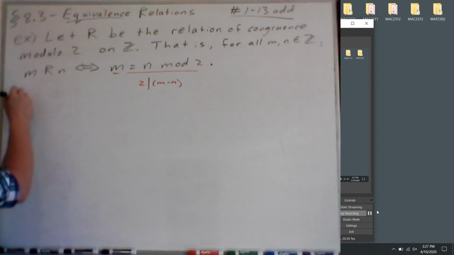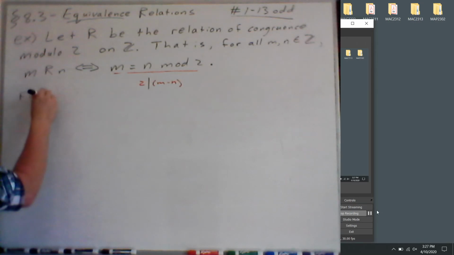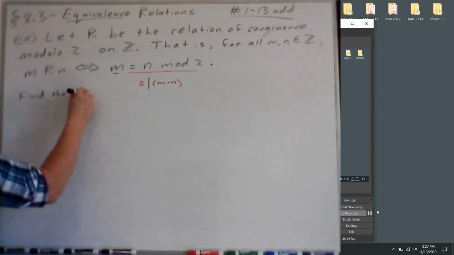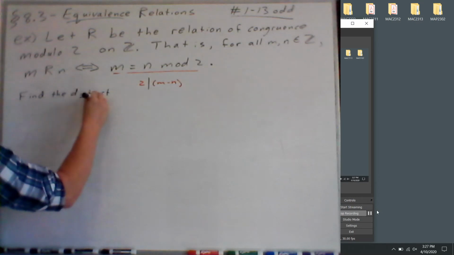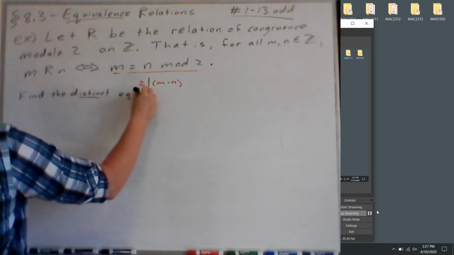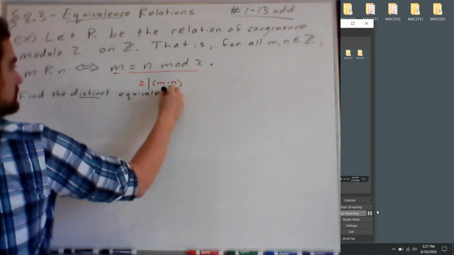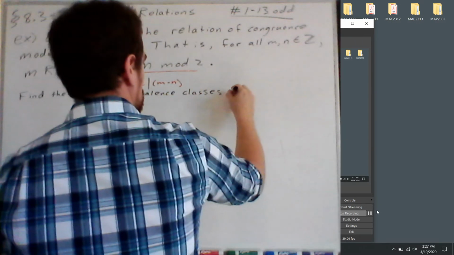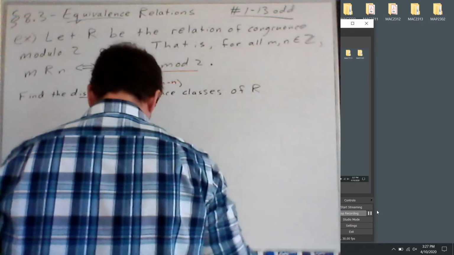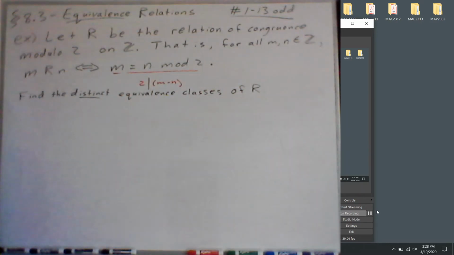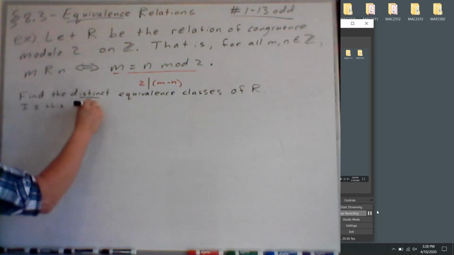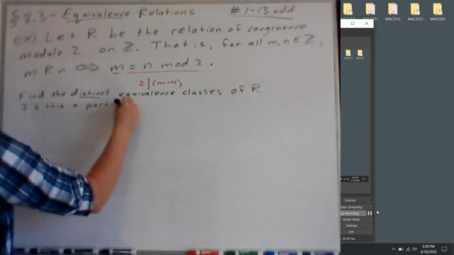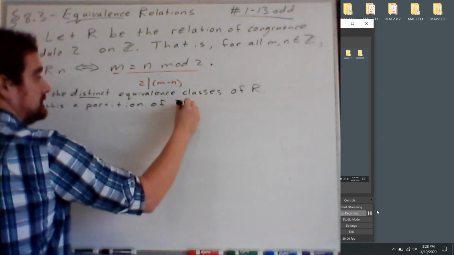So let's say we want to find the distinct equivalence classes of R. Is this a partition of Z?